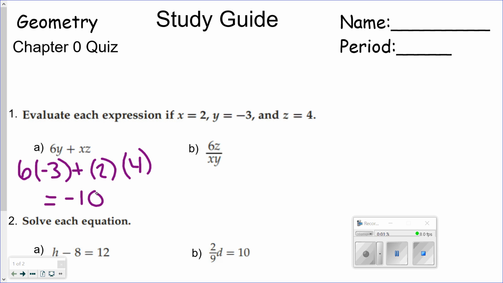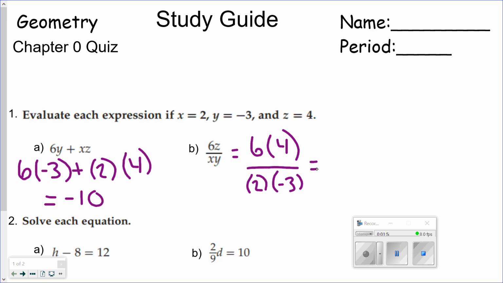All right, part B, I'm going to do the same thing. So I have 6 times z in the numerator. So I'm going to rewrite this as 6 times, well, z is equal to 4, divided by x times y. Well, I know x is 2, and y is -3. Now I want to be careful here.